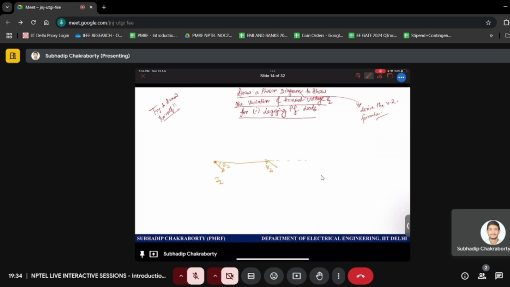And for example, this is I2 RE2 and JI2 XE2, right? And obviously this is E2. So if you see and try to find out some geometrical relation.